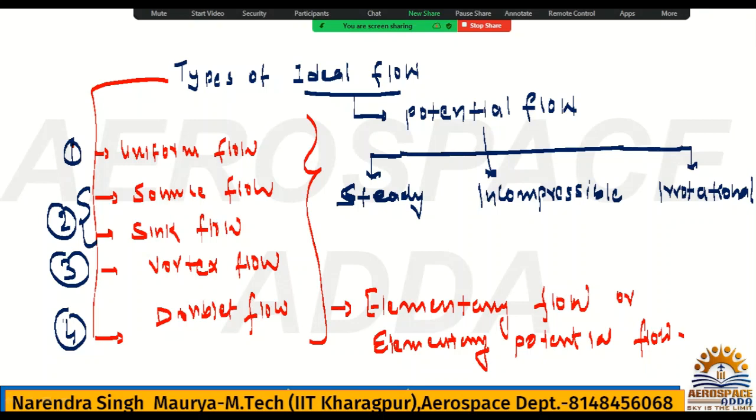Fundamental in the sense that with the help of these four types of flows, we can develop any different type of flows, like superimposed flow: Rankine half body, Rankine full body, circular, rotating cylinder, non-rotating cylinder. So other flows we can generate with the help of these elementary flows. That's the fact of it. Okay, done. So now one by one we'll start.